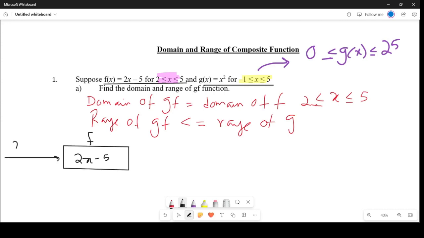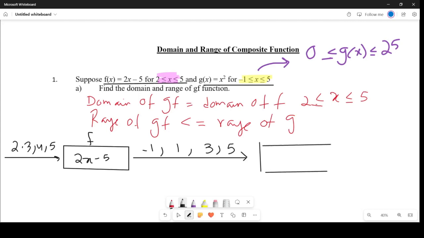So 2, 3, 4, 5, which gives an output of minus 1, 1, 3, 5, 3 and 5. Okay, which is going to be fed to function gx, उसका ये input बन गया.